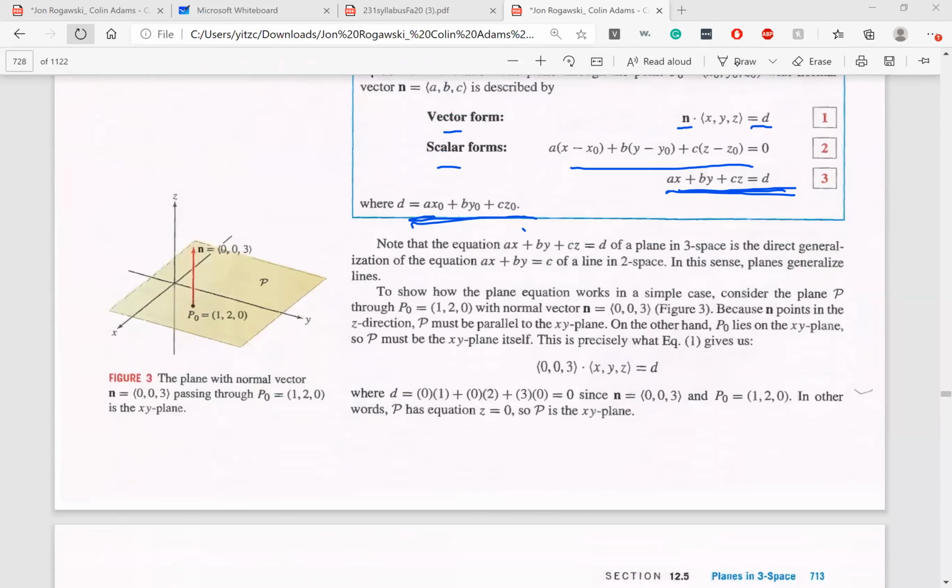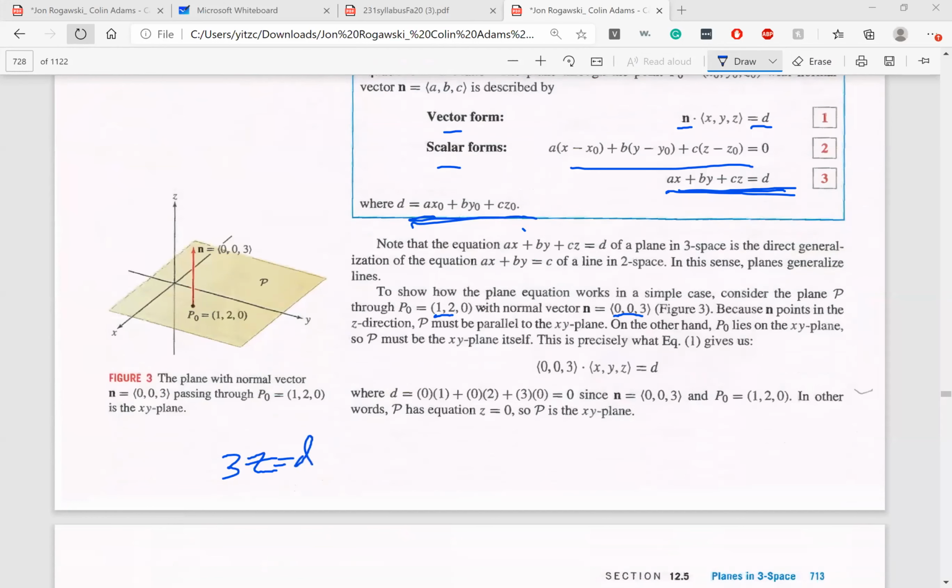They now ask us to find the plane with the normal vector (0, 0, 3), and the point P0 is going to be (1, 2, 0). If we have a normal vector (0, 0, 3), we know that our plane will have the form 0x plus 0y plus 3z is equal to d.